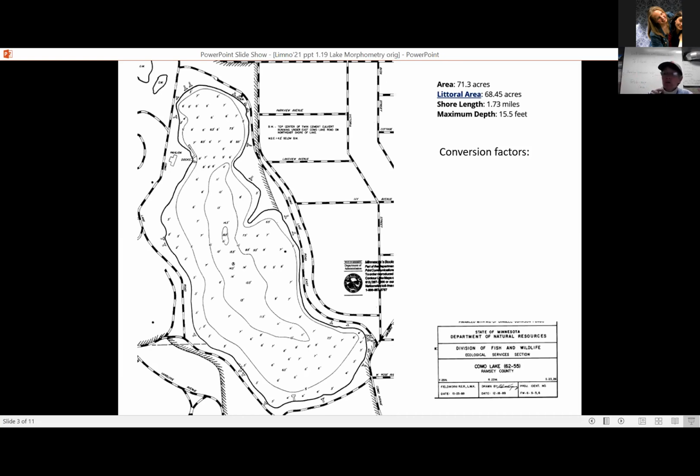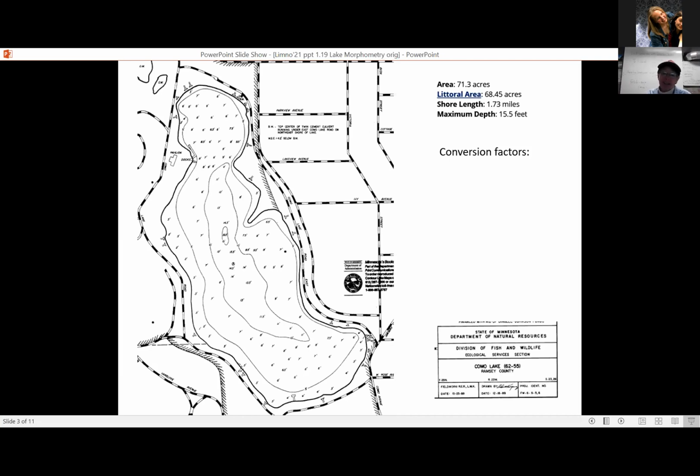What I'd like you to do is see if you can, first of all, convert these to metric, and then calculate the percent littoral, the shoreline development factor, and the fetch. These require different skills. The scale is not on this map. So you can't actually measure the fetch.